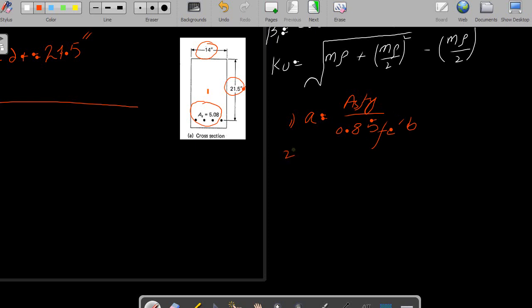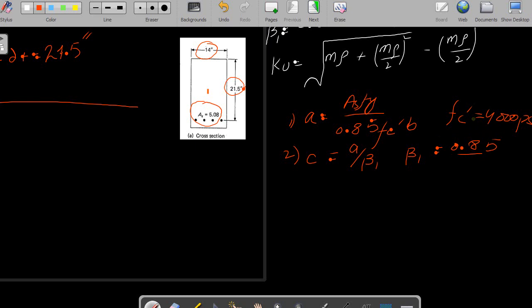Then in step 2, we need the value of c, right? So c can be determined by using a divided by beta 1. You must make sure what the value of beta 1 is. If Fc prime is less than or equal to 4000 psi, then the value will be 0.85, right?